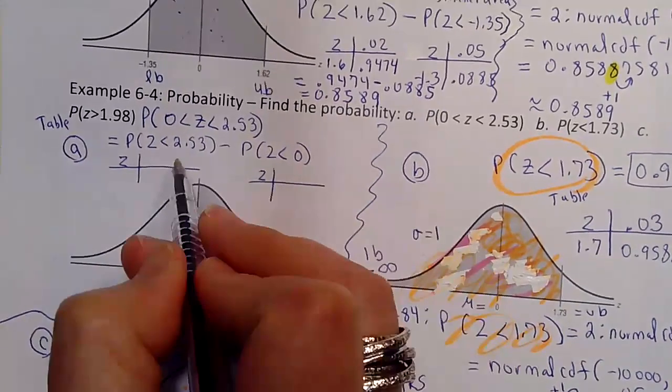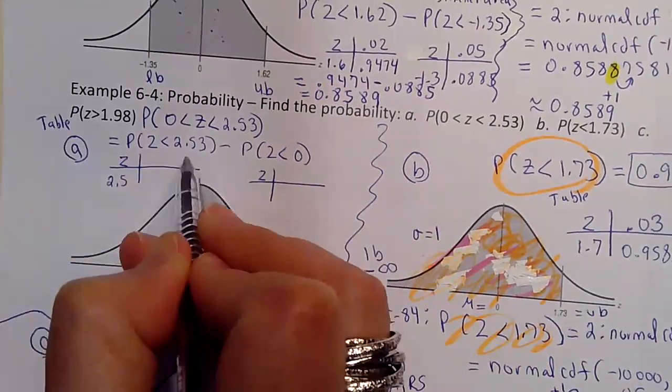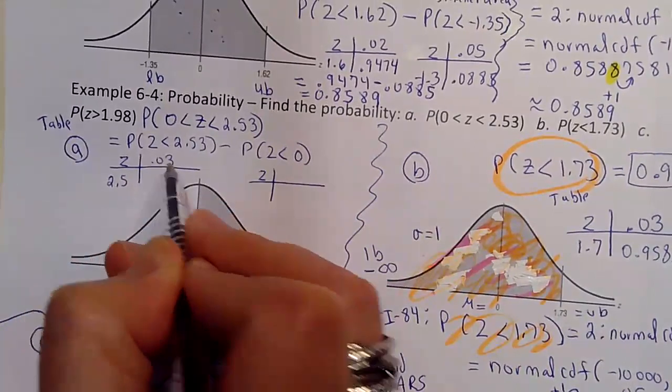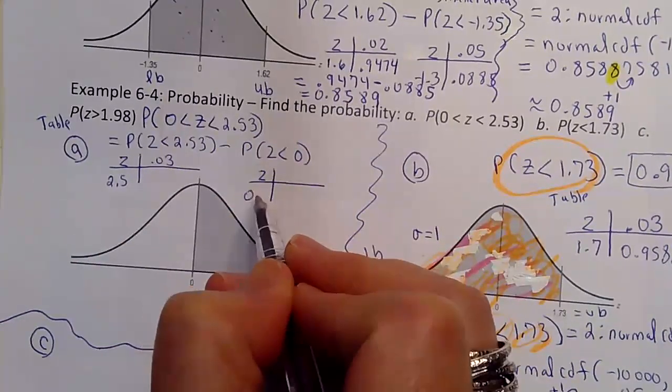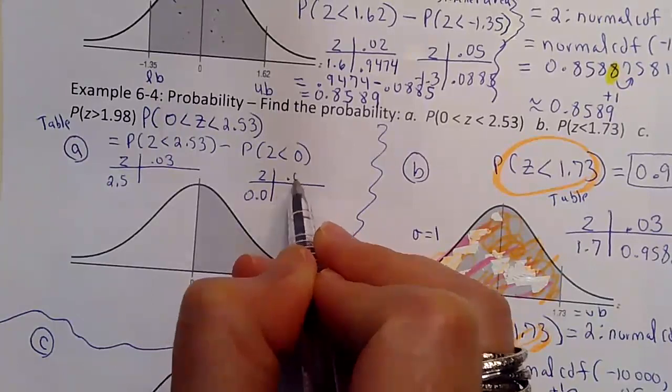So this is going to be 2.5 and then 0.03. This is going to be 0.0 and then 0.00, because this is 0.